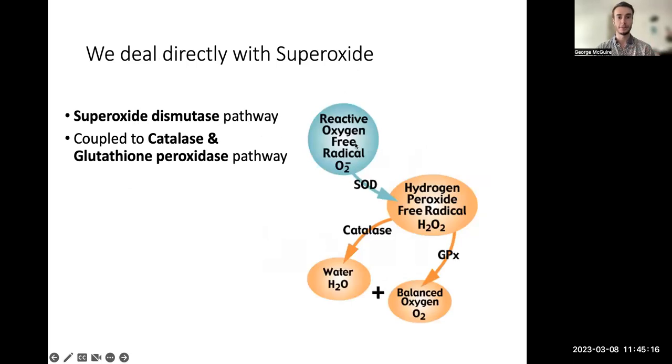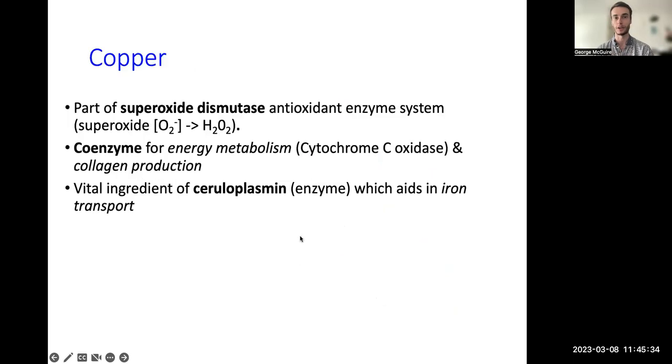So the superoxide dismutase pathway is going to turn superoxide into hydrogen peroxide, that H2O2. And then these other pathways, catalase and the glutathione peroxidase pathways, are going to break that down further into water and O2, usable oxygen and usable water. So first off, copper, of course, is part of that superoxide dismutase pathway.